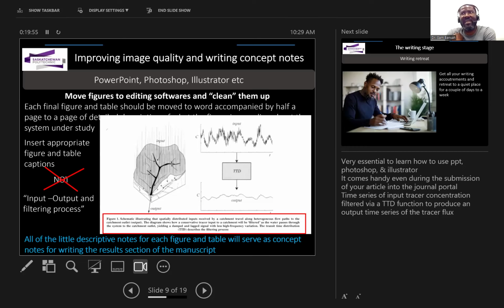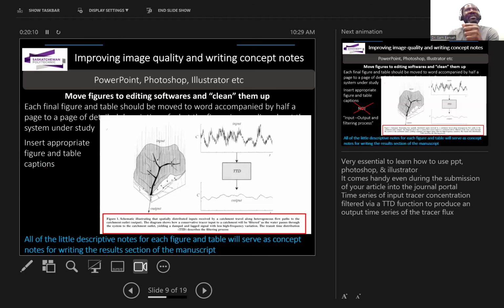The transit time distribution shows the filtering process. You see how detailed this figure caption is. You need your figure captions to be detailed.